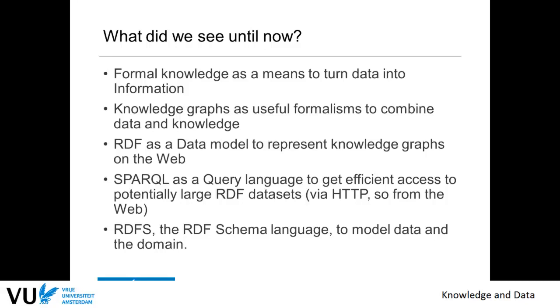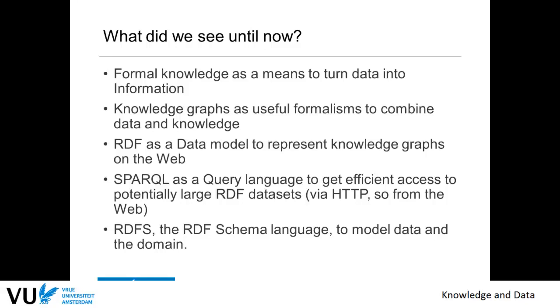As part of the first week, we also saw that knowledge graphs are a useful formalism to combine data and knowledge, as they are not so much restricted to a schema, and they make the meaning of the attributes explicit and are thus more flexible, particularly when you want to share data sets on the web.